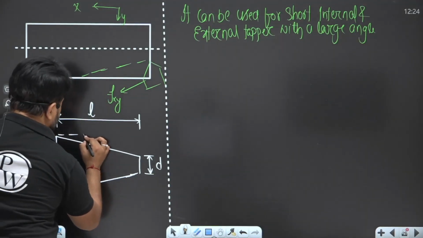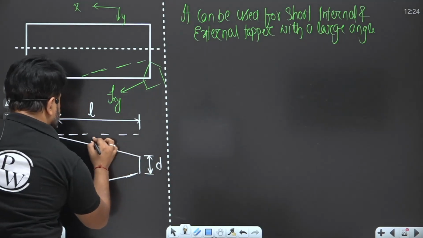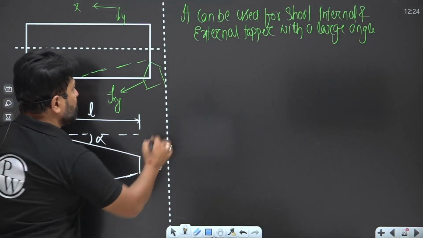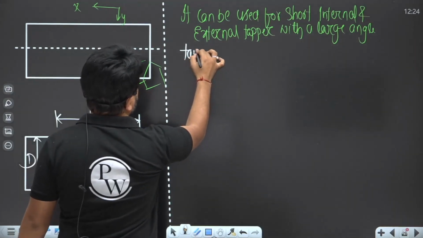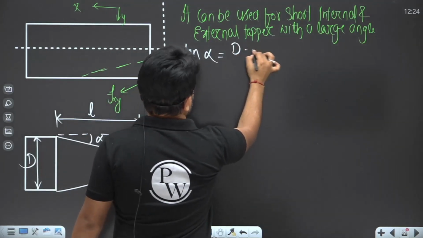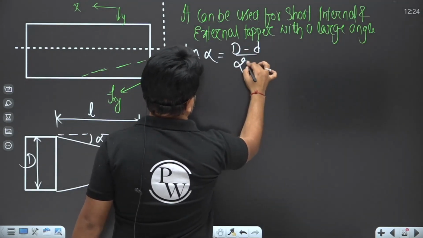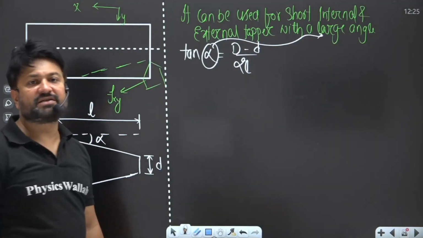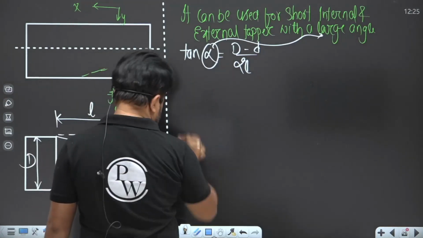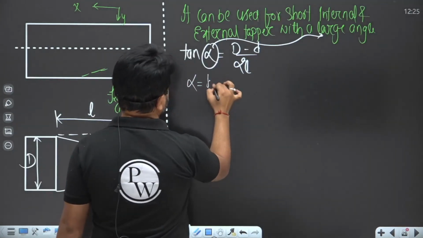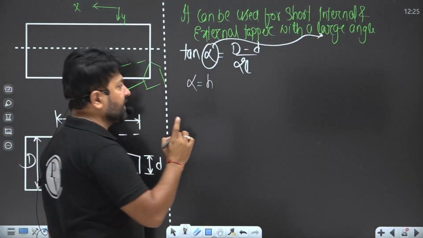Now here see, this is the alpha, this angle I am talking about. My dear, from the geometry you can find out that tan alpha equals capital D minus small d by 2L. So I am talking about this large angle. Alpha should be large here. Basically alpha is known as half cone angle, half taper angle.